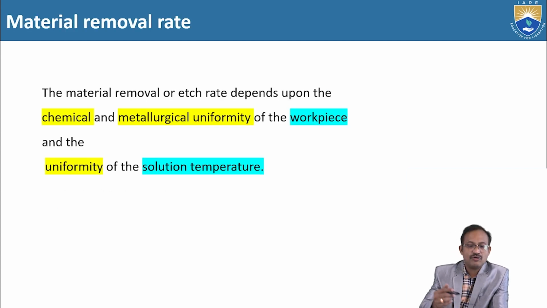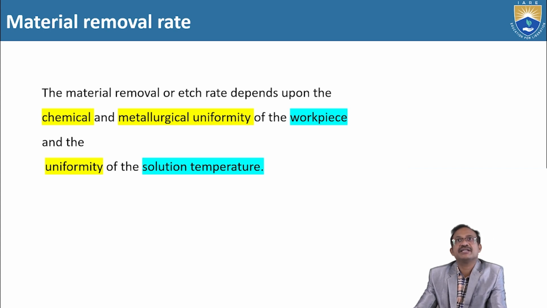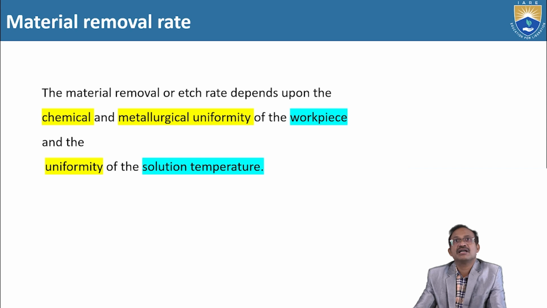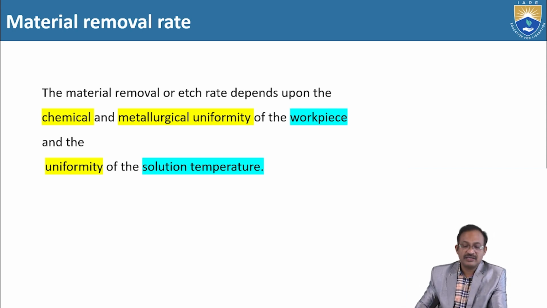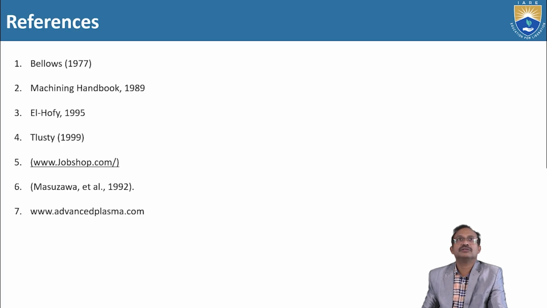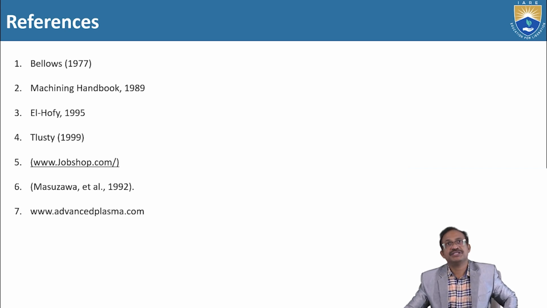About material removal: the material removal or etch rate depends on the chemical and metallurgical uniformity of the workpiece and the uniformity of the solution temperature. So these are the references associated with this presentation.